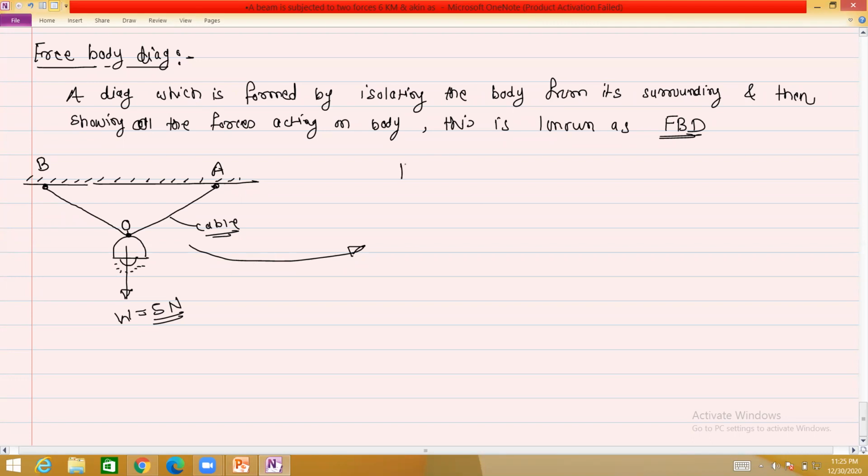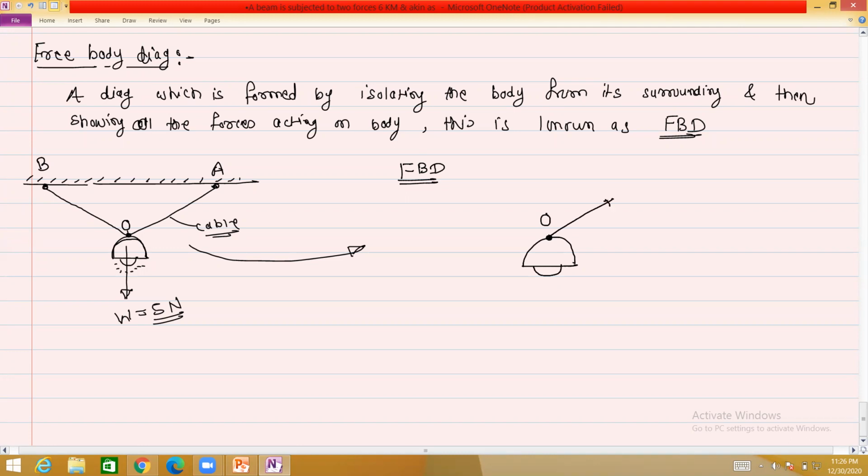So what is the meaning of FBD? Just isolate this lamp from its surrounding. So just draw the diagram for the lamp. This is the point O where cables are connected. Instead of cables, we will show the tension in that cable as a force vector.